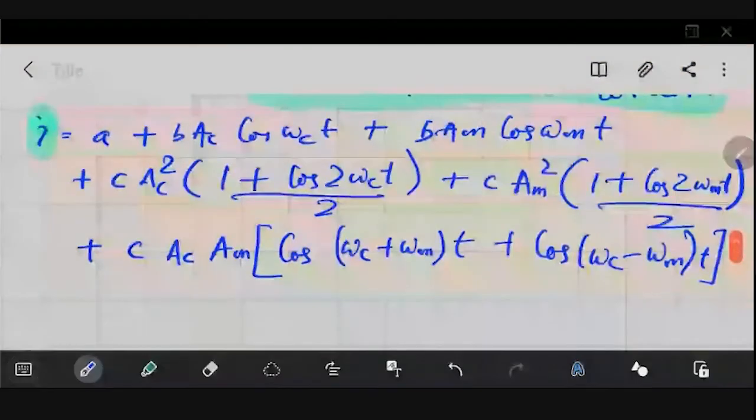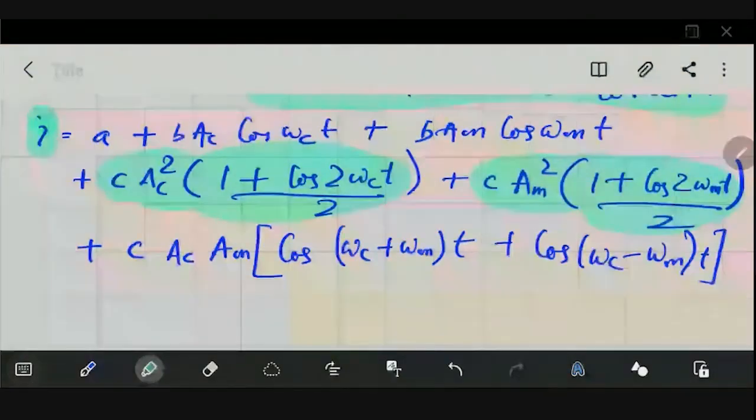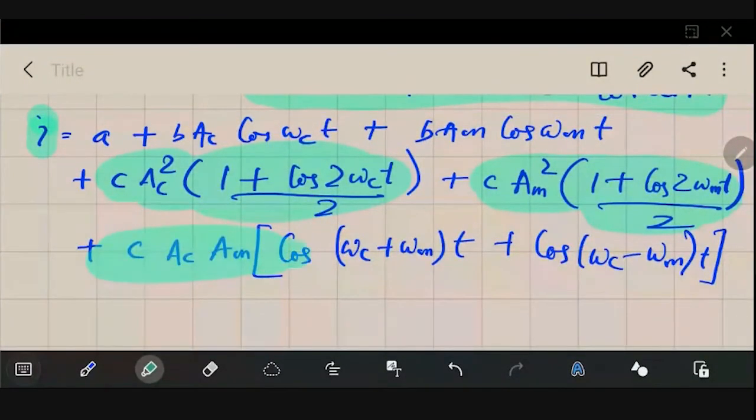Okay, so next let us do one more thing. Let us multiply this C AC square inside the bracket. C AM square is also there, let us multiply it inside that bracket. And let us also multiply this C AC AM inside this bracket.